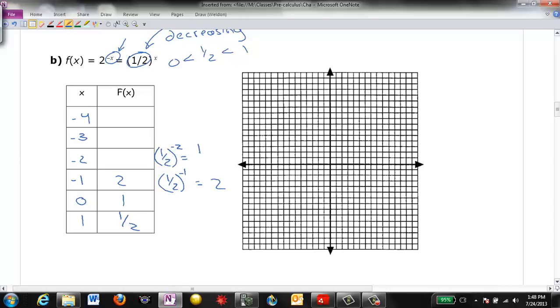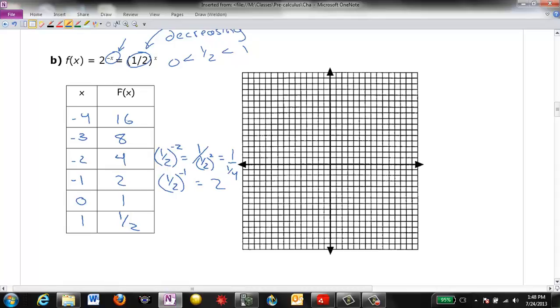This is actually going to be 1 over (1/2) squared, which is 1 over 1/4, which is 4. And then you can start to see the pattern. I'm doubling as I go back. So 1/2 becomes 1, 1 becomes 2, 2 becomes 4, 4 will become 8, and eventually 16 up here. So you can rely on some of those patterns to help you out.